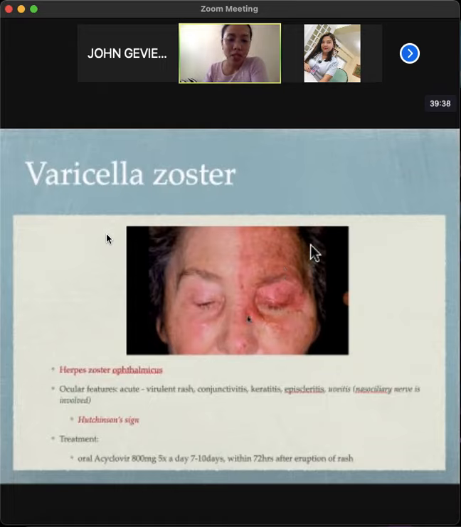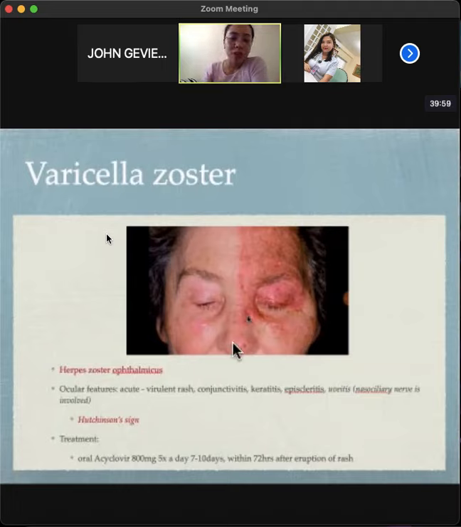There is pain in the distribution of the first division of the trigeminal nerve. It may also have conjunctivitis, keratitis, and episcleritis. That's why there is eye redness in some patients, and they are usually referred to ophthalmology.